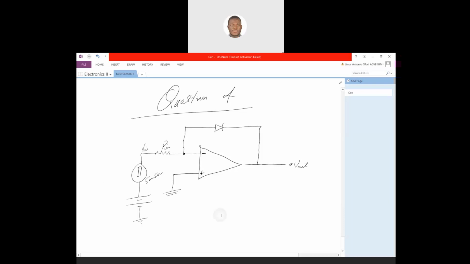And then this is ambient temperature. And they say this is an ideal op amp. And this is D1.